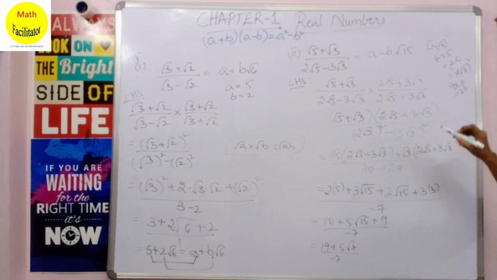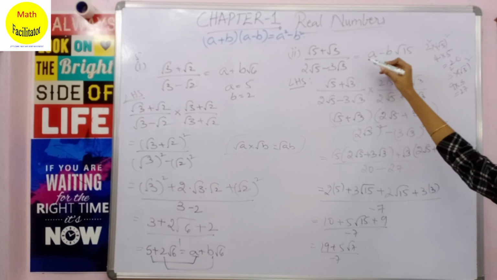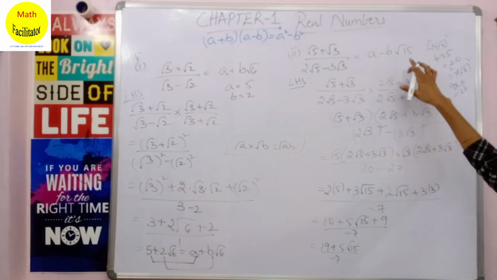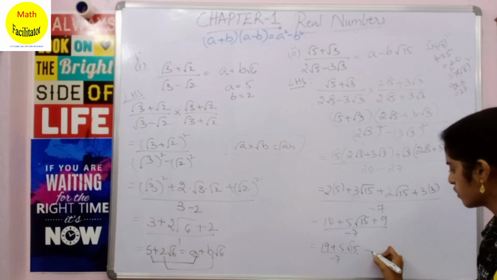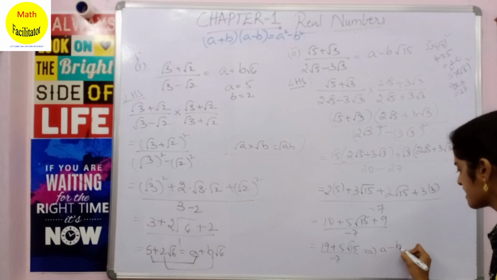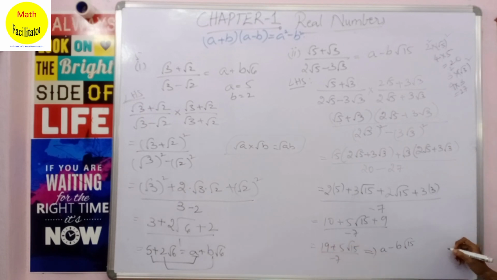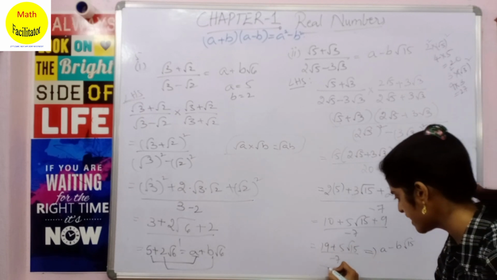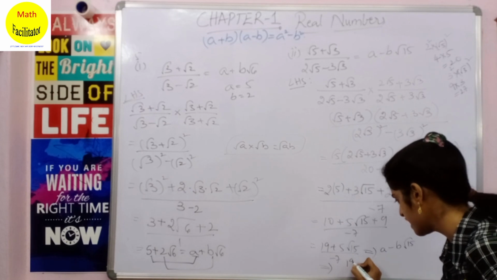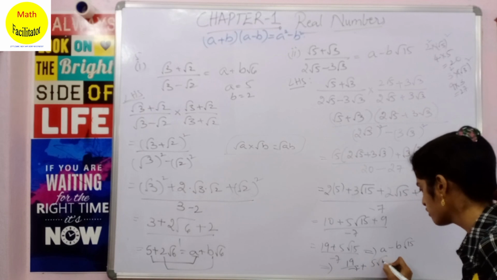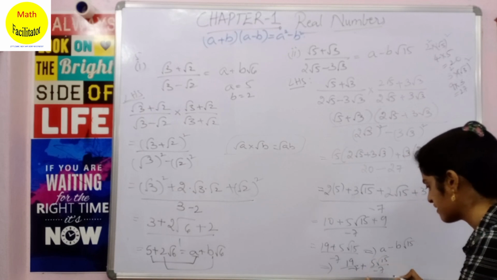Now just look at the RHS, it is a minus b root 15. So if you want to compare this to a minus b root 15, firstly you have to separate these terms. Each of these terms you have to separate. So how will you separate? It is nothing but 19 by minus 7 plus 5 root 15 by minus 7.